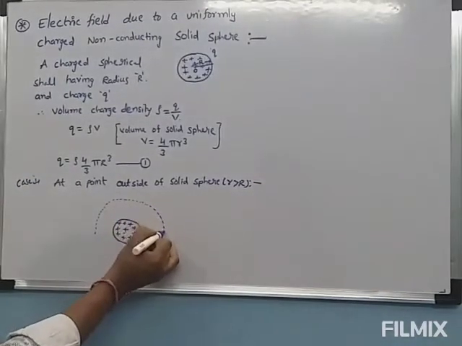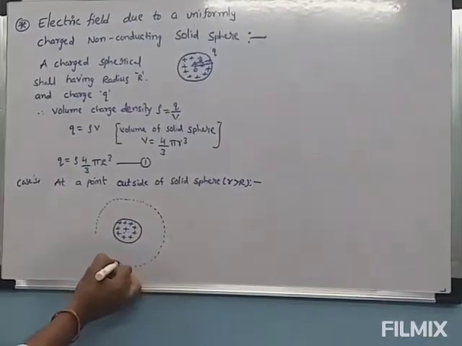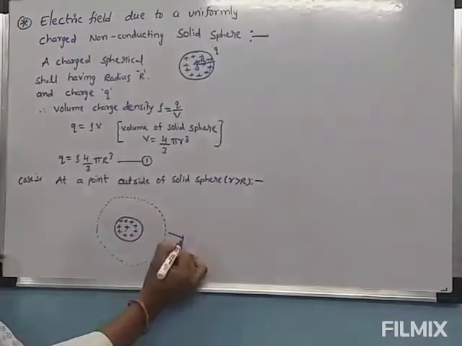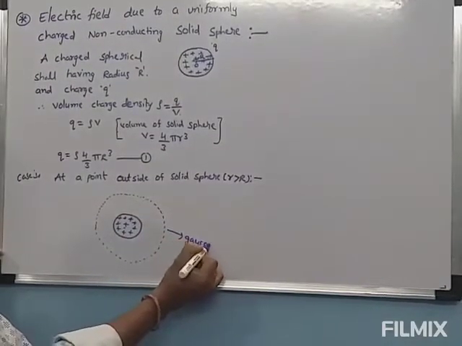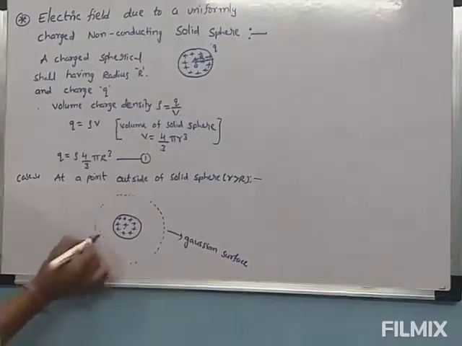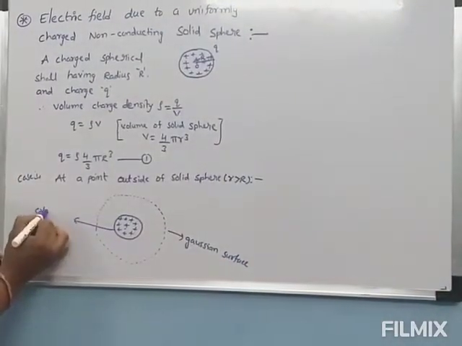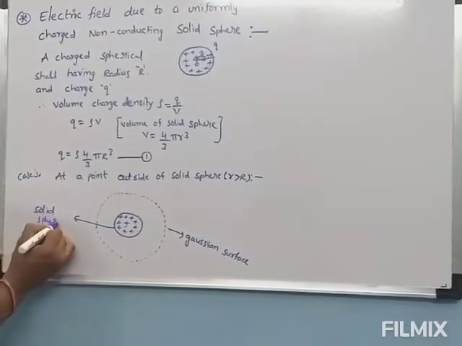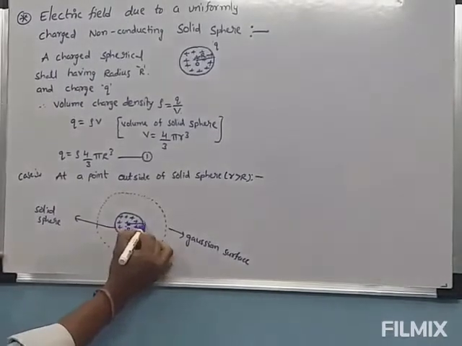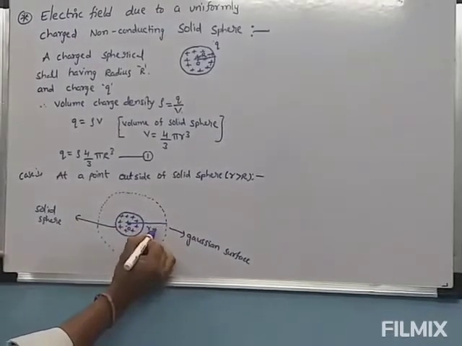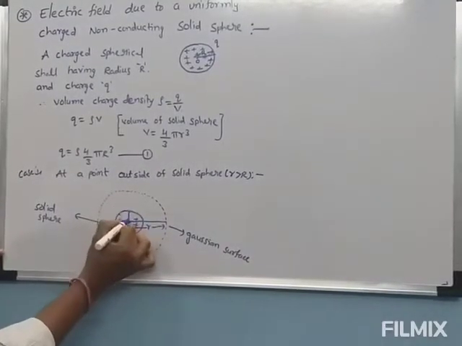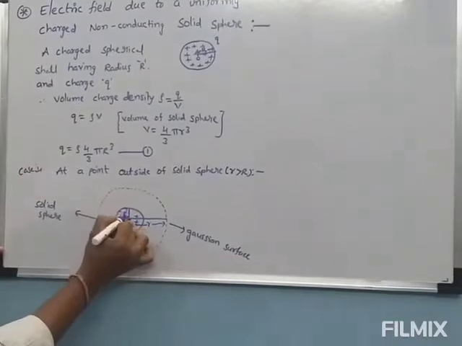This is considered the Gaussian surface, and this is the solid sphere. Now this is the center. The distance from the center to this Gaussian surface is small r, and inside it the radius is capital R.